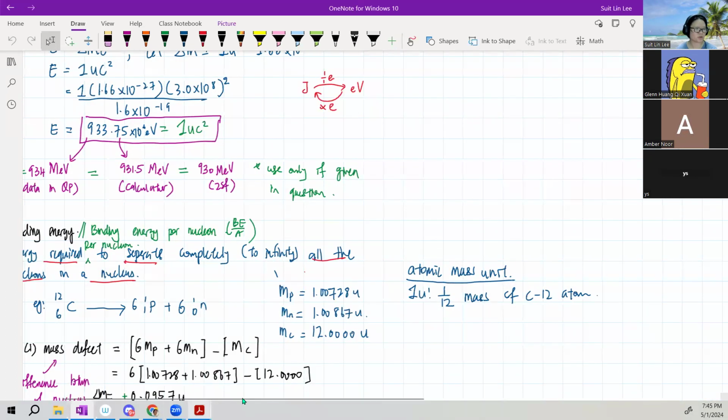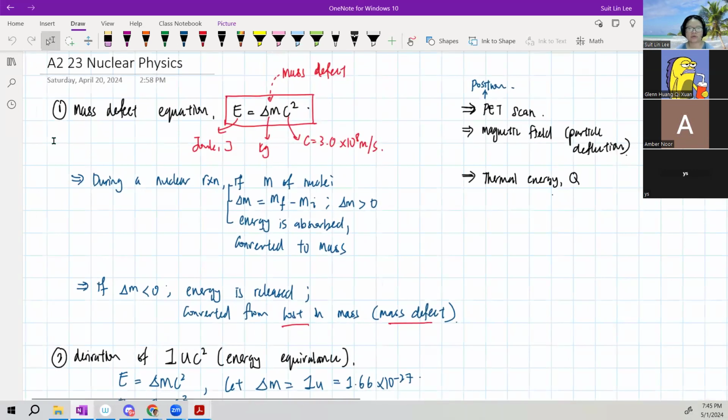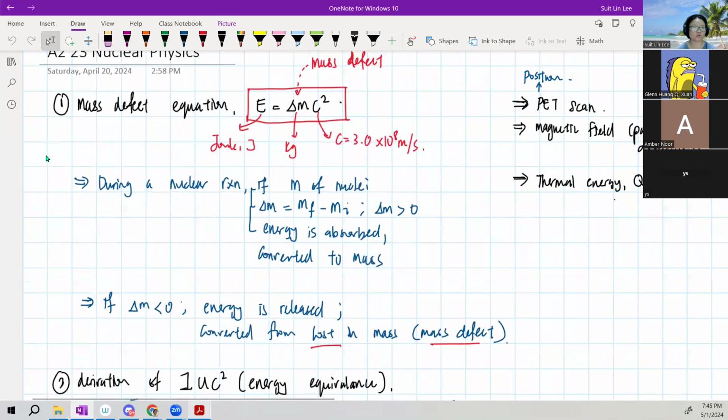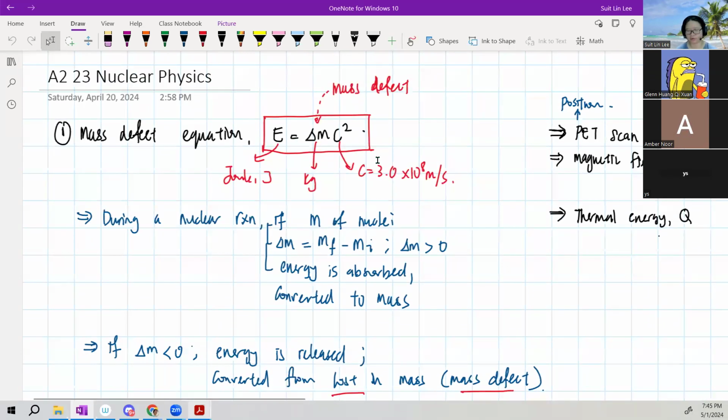The first part is binding energy or the mass defect equation, which is not unknown to you. It is basically E equals delta m c squared. We have a delta here to show that it is a change in mass. The important thing to understand is this is for a single nuclear reaction.